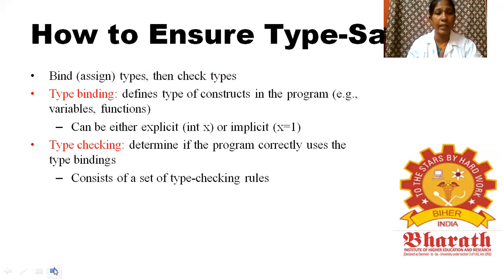This is known as type binding. Type checking consists of the set of type checking rules which we have seen earlier. It determines whether the program correctly uses the type bindings or not.